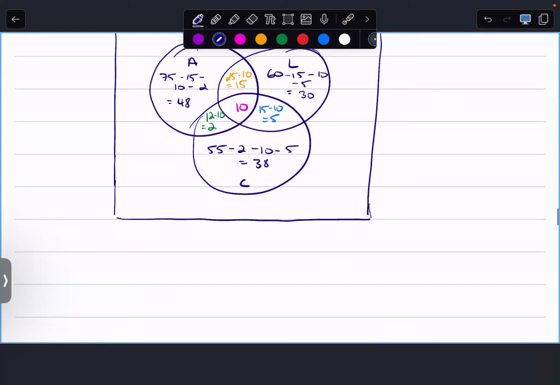The total cardinality is 48 plus 15 plus 30 plus 10 plus 2 plus 5 plus 38, or some version of that. So here we go: 48 plus 15 plus 30 plus 10 plus 2 plus 38.